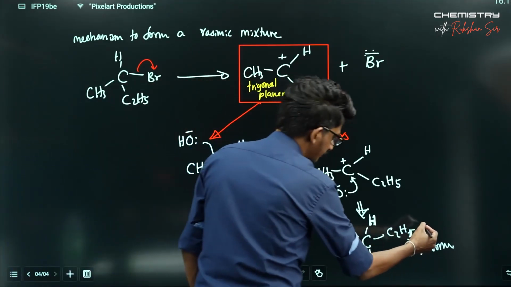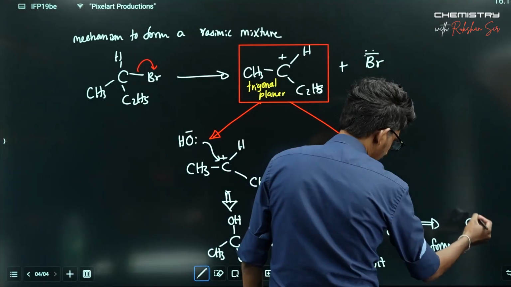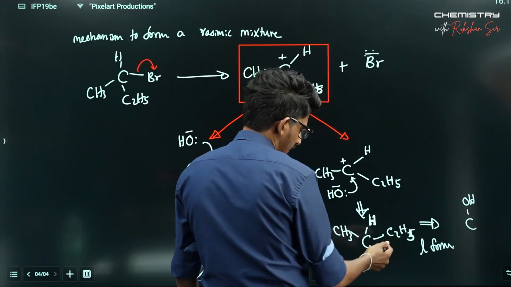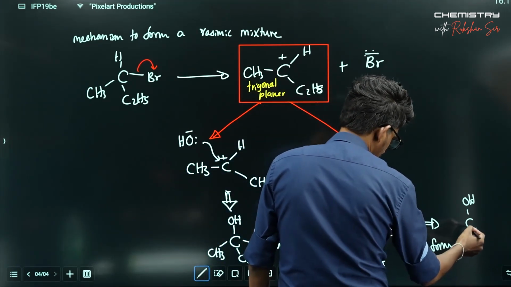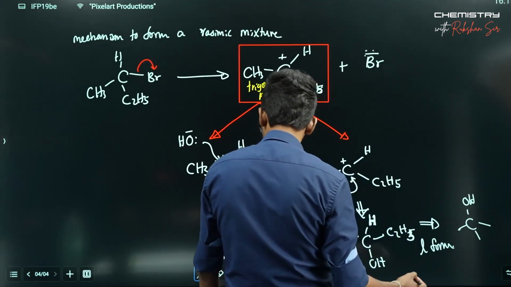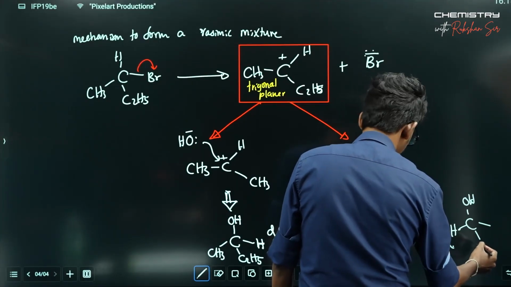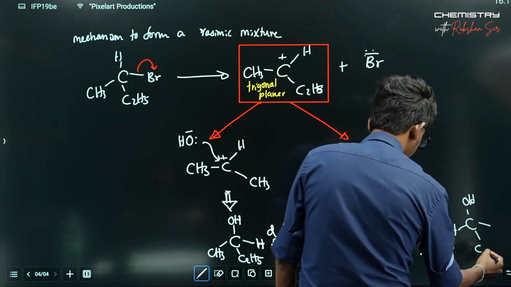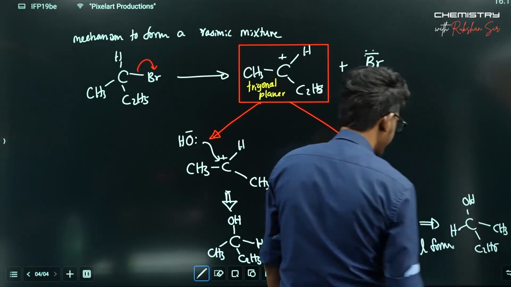So that is clear, no? If you have to discuss this thing, the OH will appear here, right? If you have to put the other things, it will be like this, and C2H5 will be here, and the CH3 here, no?